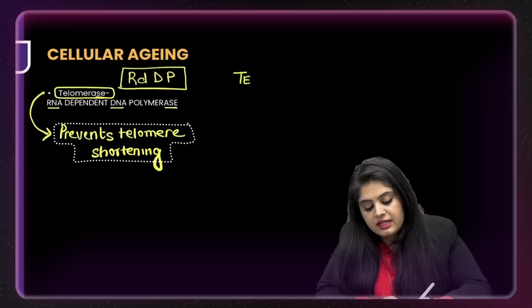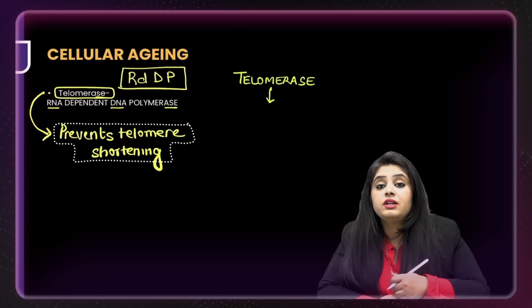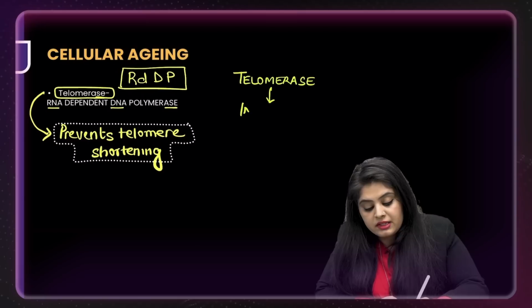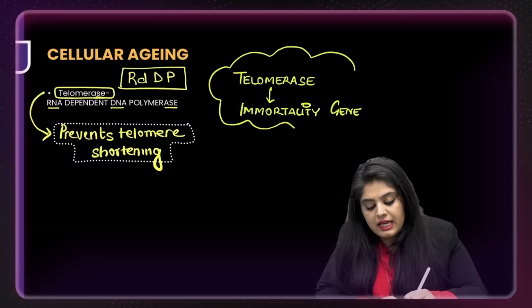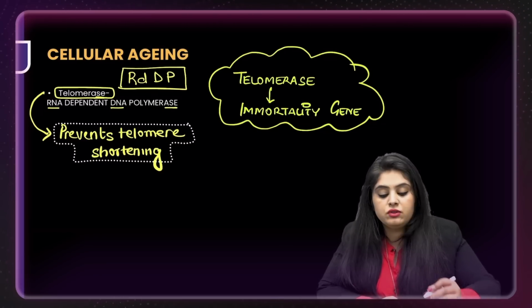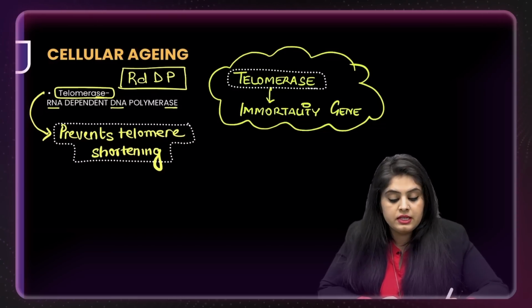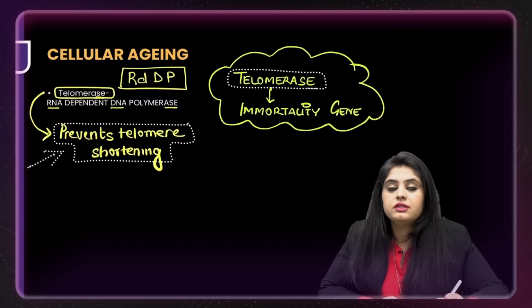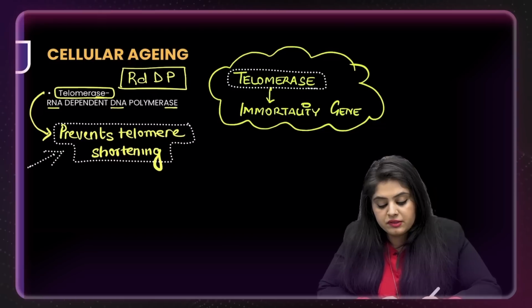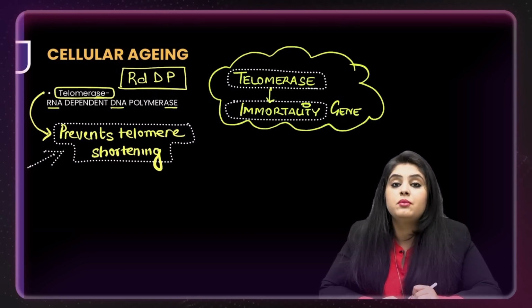So can I say telomerase is also referred to as making someone immortal? Telomerase is very famously known as the immortality gene. Why? Because whenever someone has telomerase, his telomeres will not shorten. If the telomeres will not shorten, that person will not age. That person becomes Amar. He becomes immortal.